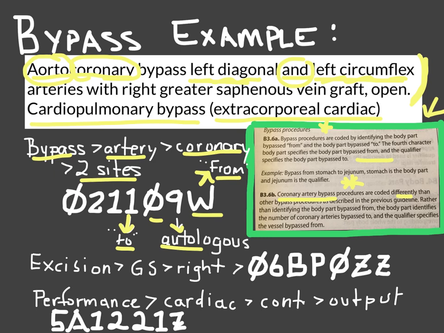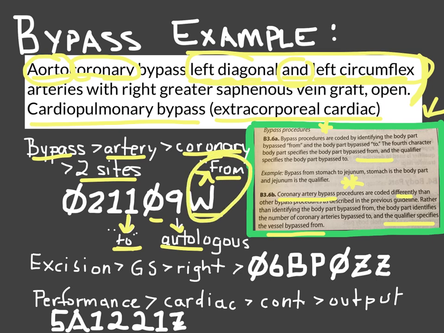Rather than identifying the body part bypassed from, the body part, character 4, identifies the number of coronary arteries bypassed to. So remember, we have these two arteries bypassed to. And the qualifier specifies the vessel bypassed from, the aorta, when you look at the table. So just another thing to have on your radar screen when you get stuck coding for PCS procedures, please know that they also have guidelines, just like the CM code book.